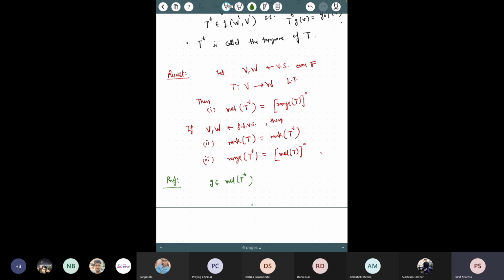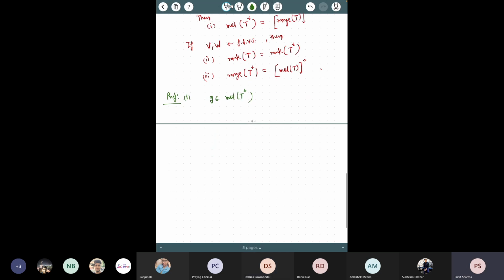Just follow the definition. If g belongs to the null space of T transpose, then T transpose of g equals 0. So this implies that T transpose g is equal to 0, right? Then what is T transpose g?